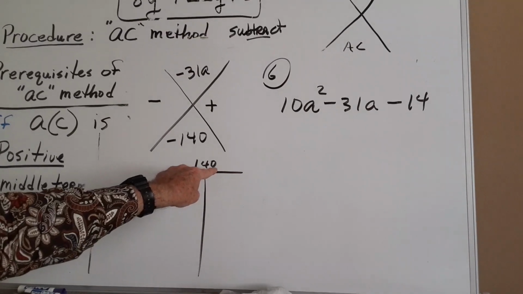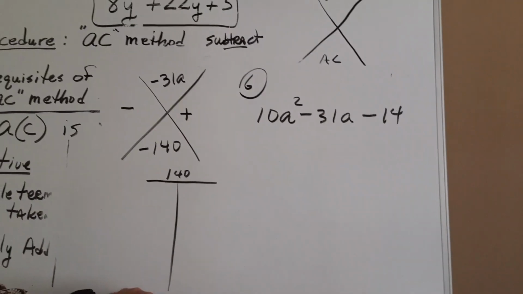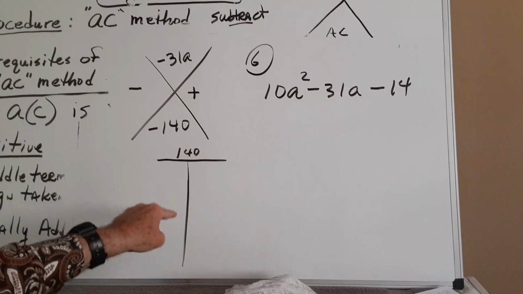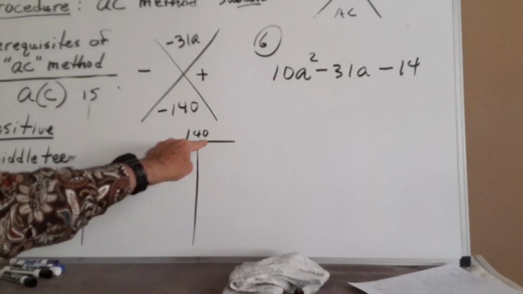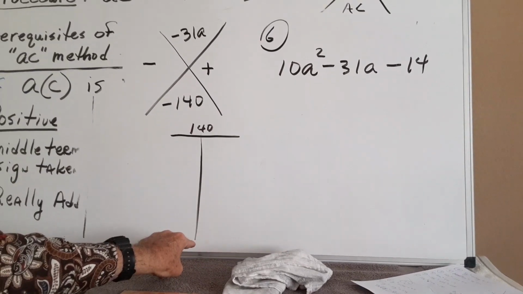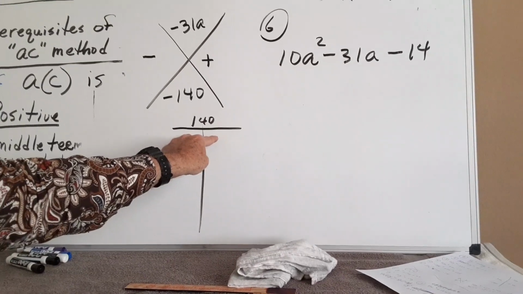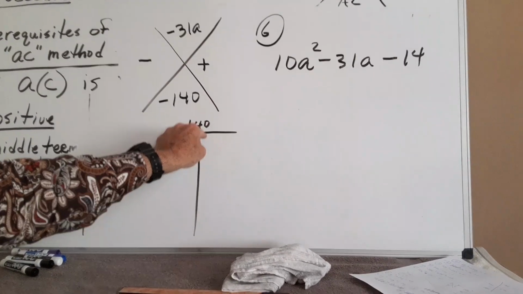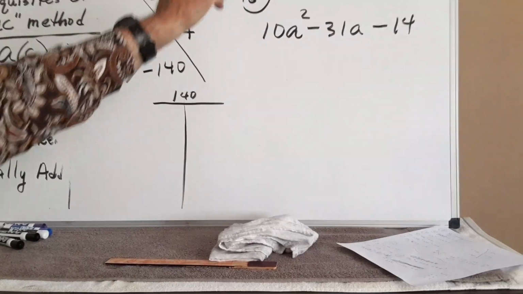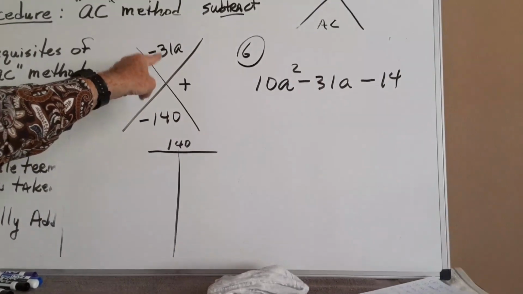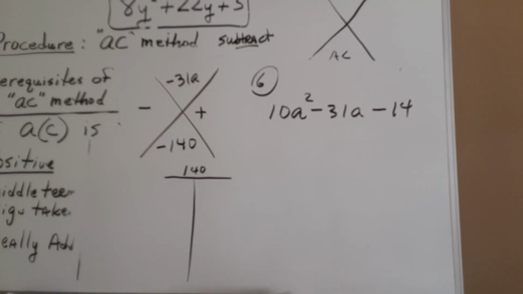And you can just begin to list the factor pairings of 140. And as you list them, take the pair of factors, subtract them from one another, and you have got to get 31.